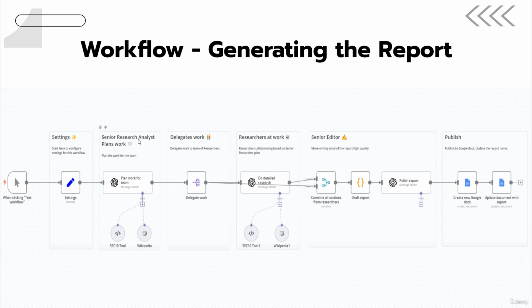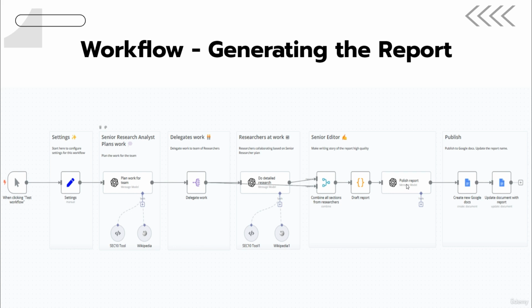So the plan is done here, and the delegation of the specific elements of the research is invoked here. And then the next node here is the researchers at work. This expands into 5 different research agents, each armed with the specific plan that's tailored for them from the senior researcher.